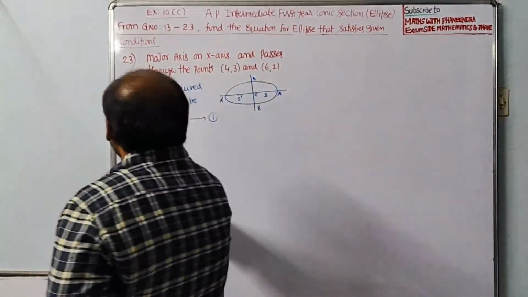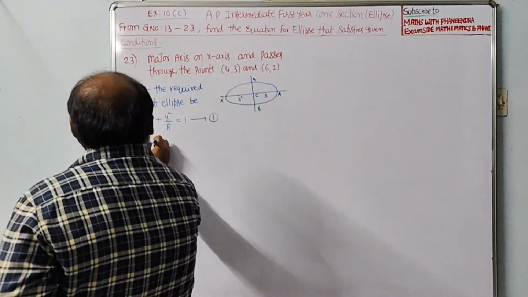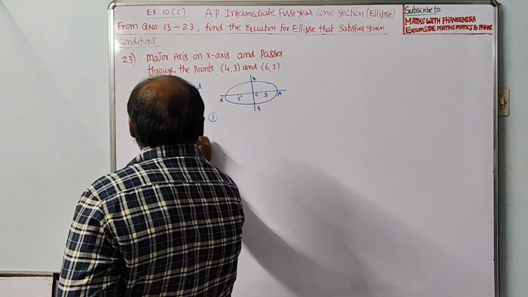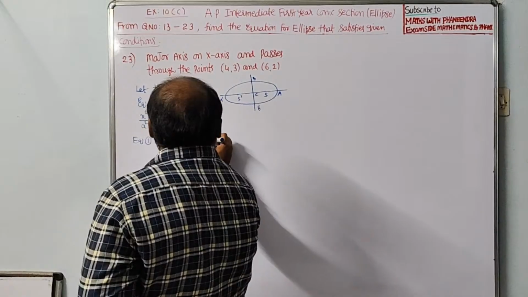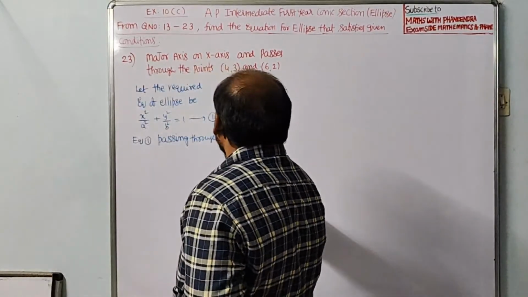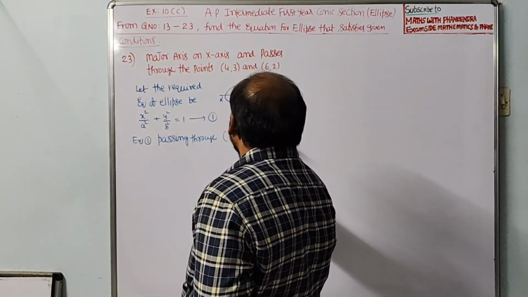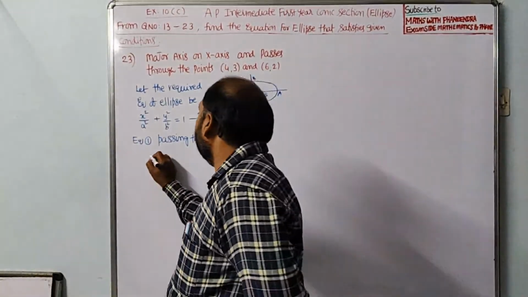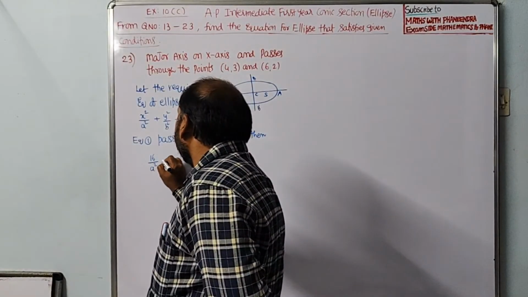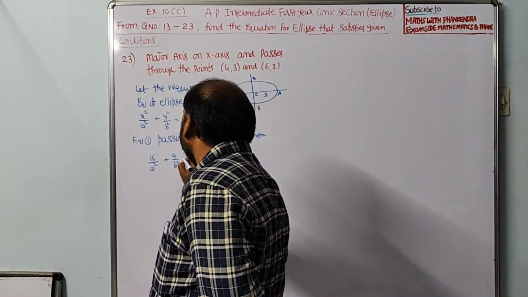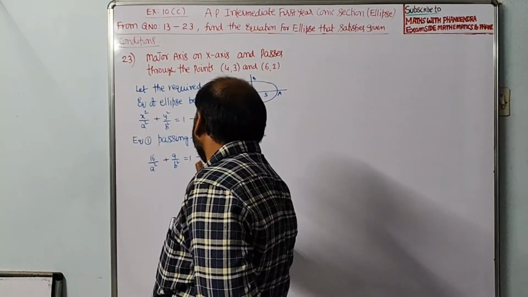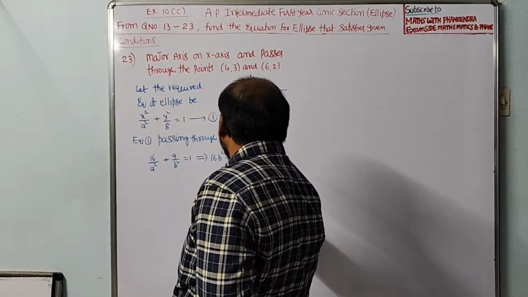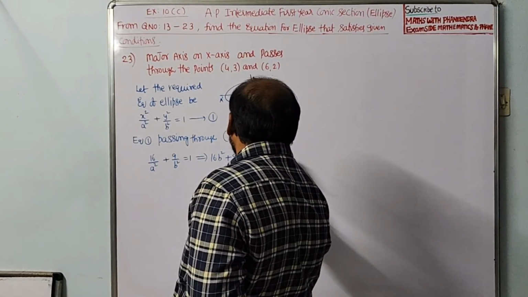Equation 1 passing through 4 comma 3. Then in place of x comma y, 4 comma 3 substitute. 16 by a square plus 9 by b square equal to 1. Even if you simplify, 16b square plus 9a square equal to a square b square.